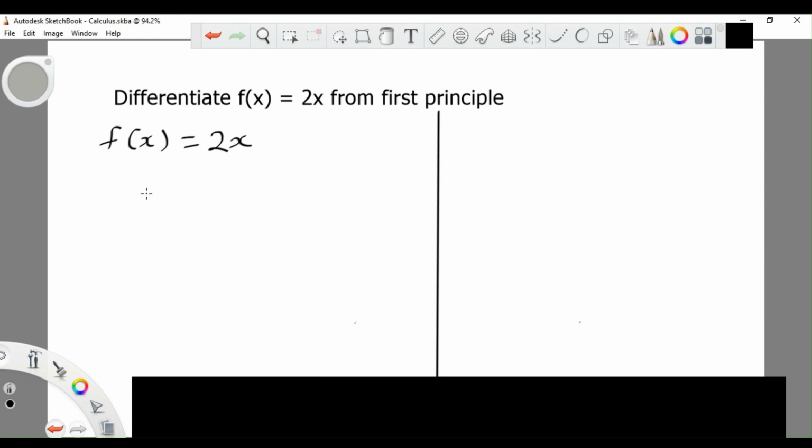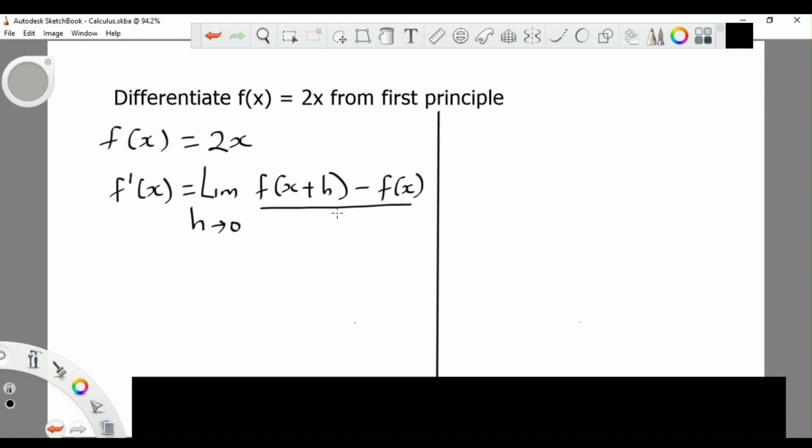Remember, our formula is f prime of x is equal to the limit as h tends to 0 of f of x plus h minus f of x, over h. So this is our formula.